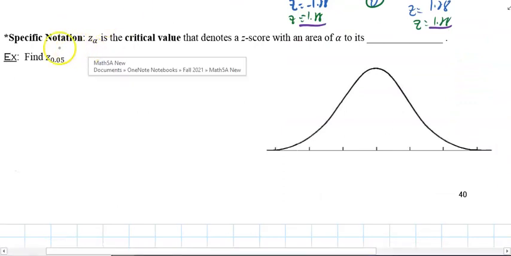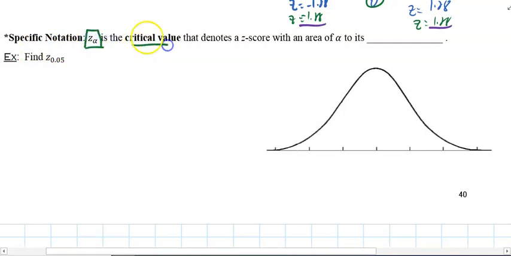We're going to be using confidence level, specific notation. This is called the critical value for some confidence level. This denotes a z-score with an area to its right anytime I ask for that. Now I could use symmetry and use the left. So if I say, hey, find the z associated with a 0.05, what I'm telling you, I have an area of 5%.